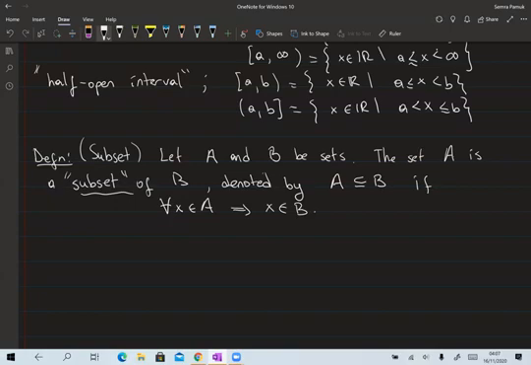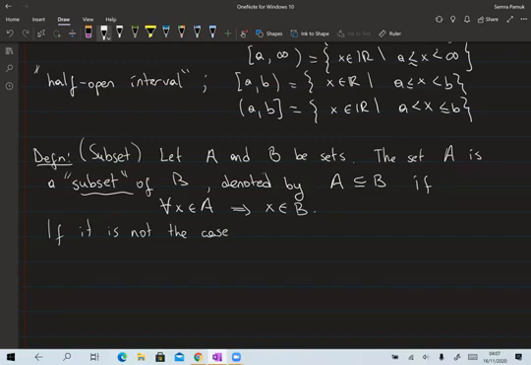And if this is not the case, what is the negation of this one?